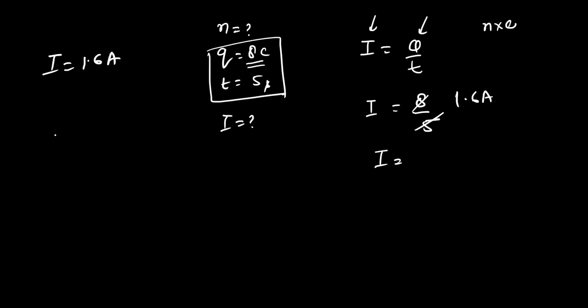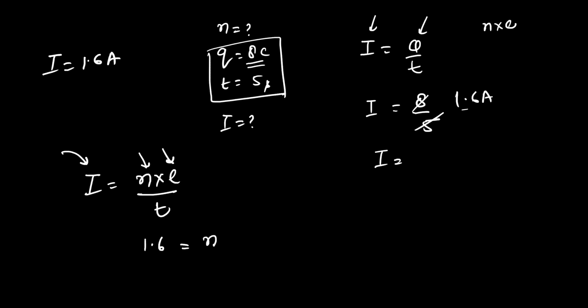Now what is being asked is to calculate the number of electrons that will pass per second. So you write I is equal to n E upon time. I is 1.6, write 1.6 here.